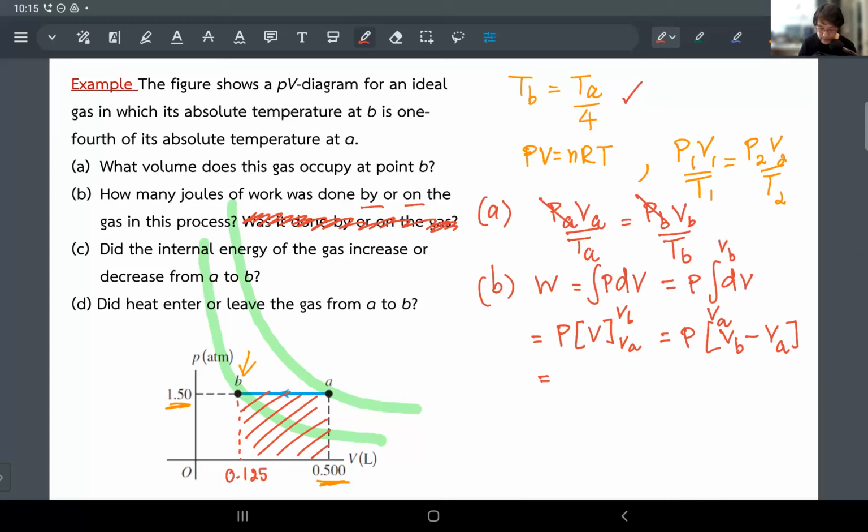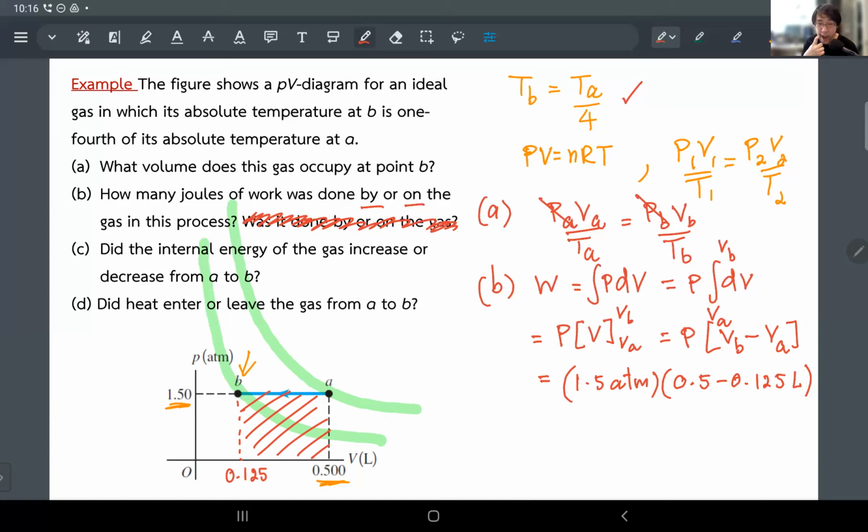Nice. So if you want a number, you can plug it in. Let's not do the unit conversion right now. Running out of space right here. So it's 1.5 ATM for now. And I can do the volume change right here. Volume at B is 0.5. Volume at A is 0.125 liter.